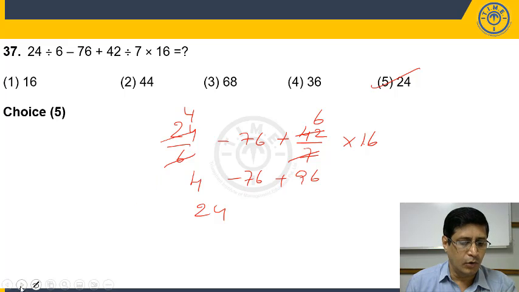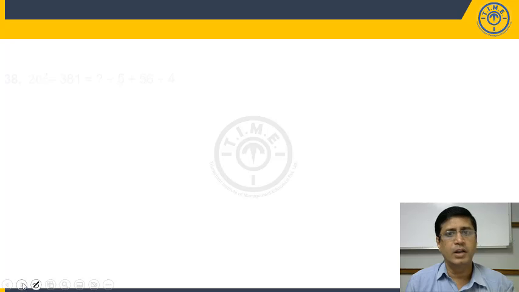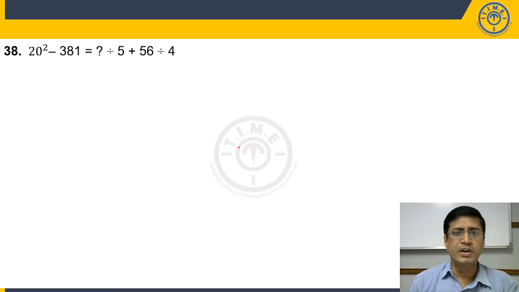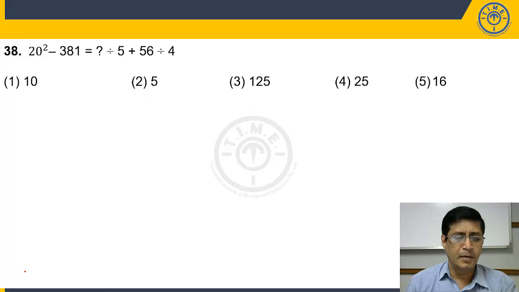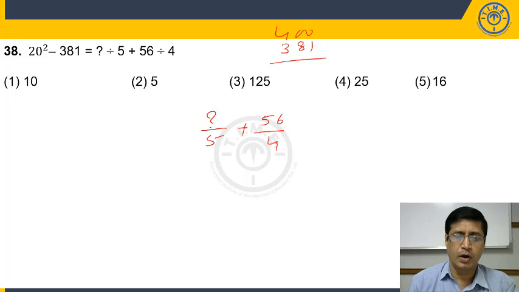Okay. Now look at the next example on your screen. 20 square, that is 400 minus 381. 400 minus 381, so how much is the result? So 400 minus 381 and question mark by 5 plus 56 by 4.